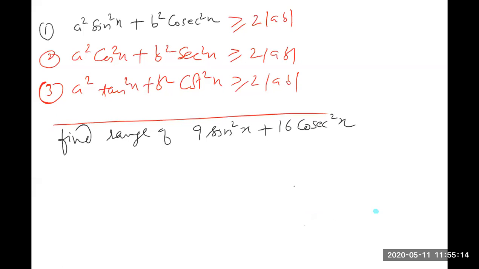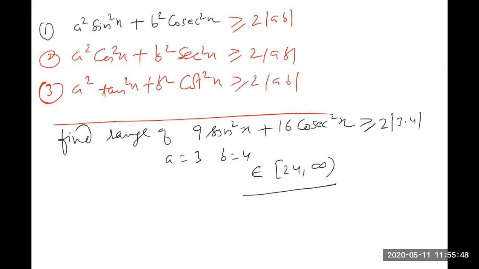Range of this. So here a square is equal to 9 and b square is equal to 16, so a is equal to 3 and b is equal to 4. A square is equal to 9, so a can be plus minus 3 also, no problem. B is equal to plus minus 4. So this must always be greater than or equal to 2ab. ab is how much? 3 into 4, that means 12, so 24. So this range will be 24 to infinity. Up to infinity it can go.